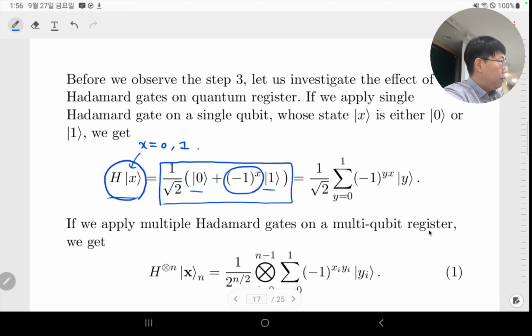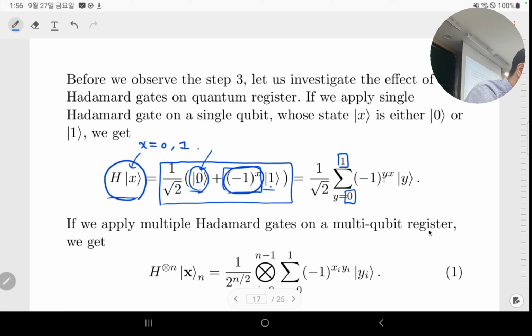But now let's go a bit further. I want to set a variable for this ket as y, so y ranges over 0 and 1. If y equals 0, I always want a positive sign.